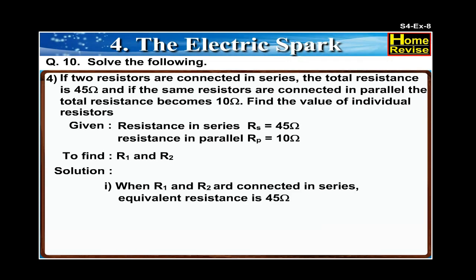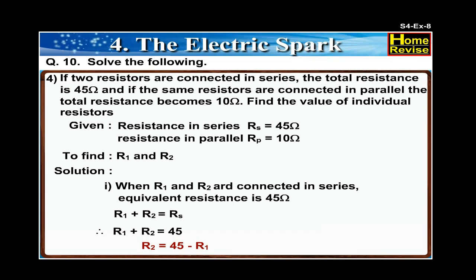Solution. First, when R1 and R2 are connected in series, equivalent resistance is 45 ohms. R1 plus R2 is equal to Rs. Therefore, R1 plus R2 is equal to 45. R2 is equal to 45 minus R1. Equation 1.